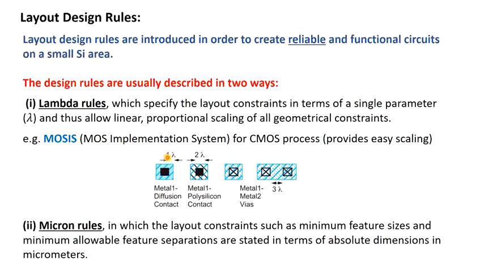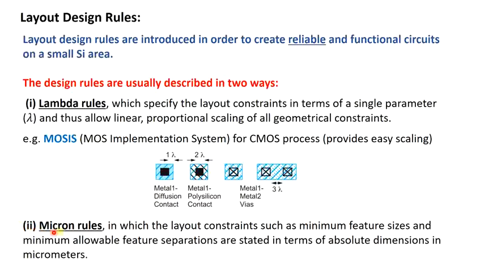So the 1 lambda or this 2 lambda is in general terms, and only the value of lambda will change with the technology node. So MOSIS, which is a lambda based design rule, can easily provide scaling. However, MOSIS cannot be directly used for submicron CMOS process. It is not that straightforward for submicron technology nodes.